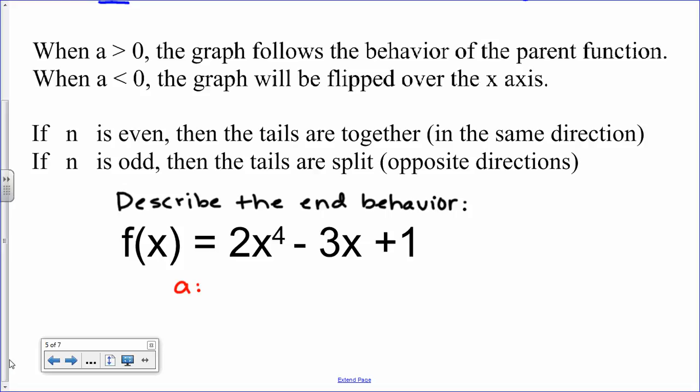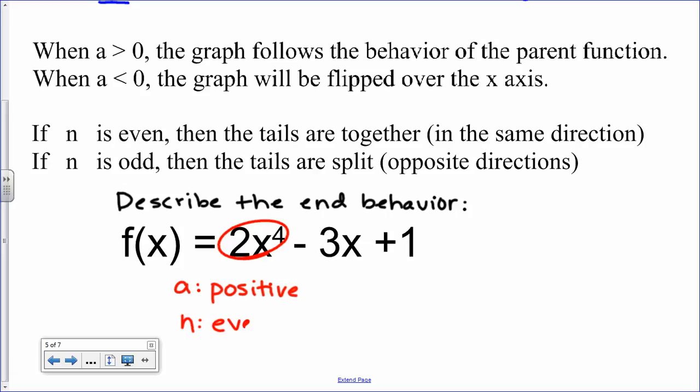A, the leading coefficient, I care about being positive or negative. Is the leading coefficient positive or negative? Positive. If the leading coefficient is 2, so 2x to the 4th is that dominant term, so that's where I'm looking. And then the degree, I care about being even or odd. So the degree is that even or odd?